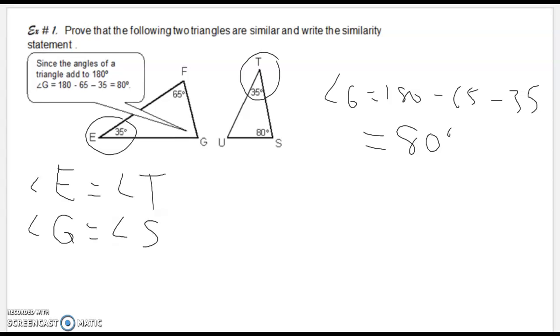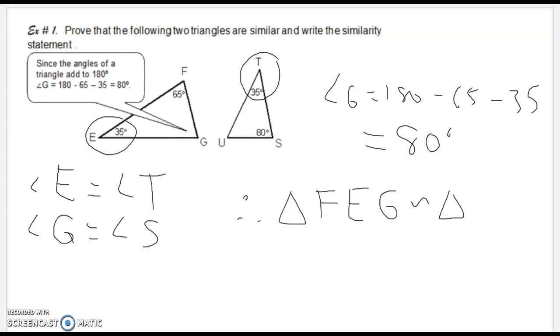Now, because we have proved now that two angles inside these triangles are the exact same, we can now say that therefore triangle, and order is super important. So we'll do the 65 first, so F, and then E, and then G is similar to triangle.